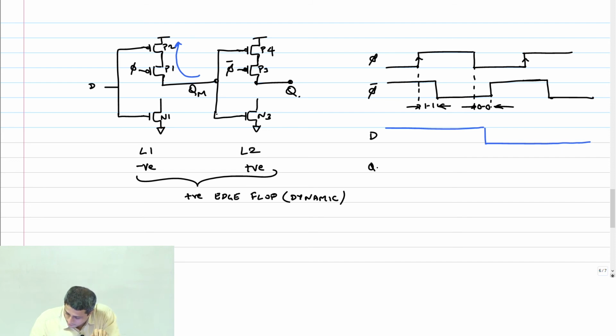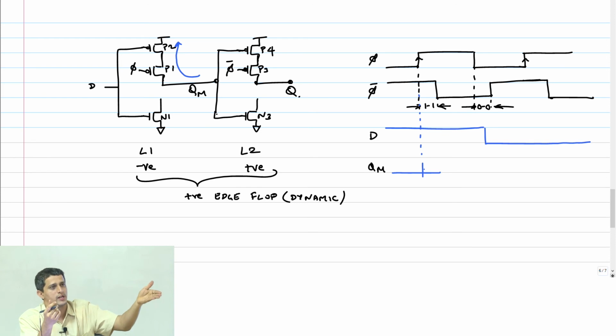Let's plot that. QM was initially what? 0, right? At this edge, it's going to sample 0 because D is 1, QM is an inverted value of D. Therefore, it will be 0 here.